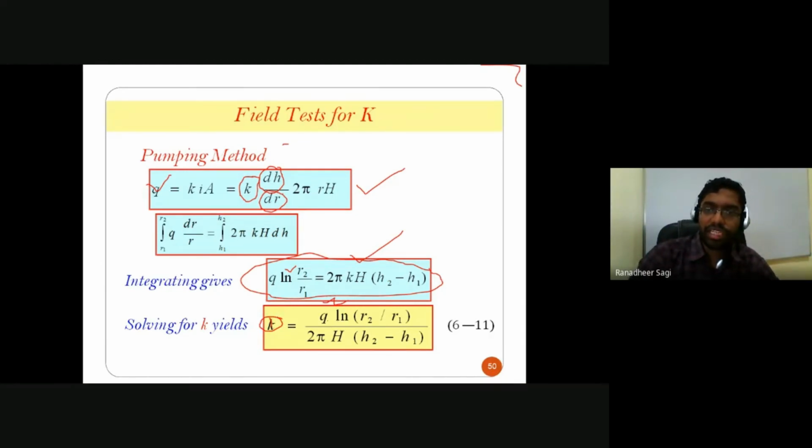You can have this expression represented either as an ln function or as a logarithmic function. If you rewrite it as a logarithmic function, you will have 2.303 additionally coming into the picture. So you have to be a little careful. Don't just blindly compare the expression given here with the textbook. Some books represent the function on a logarithmic scale, and some represent it only on the ln scale.